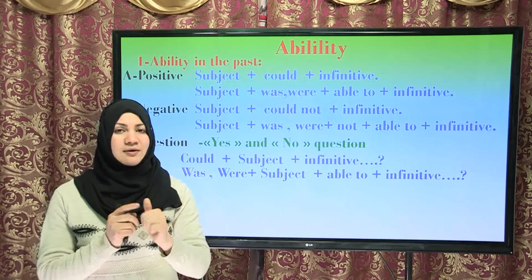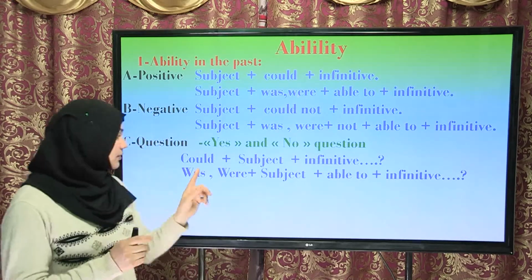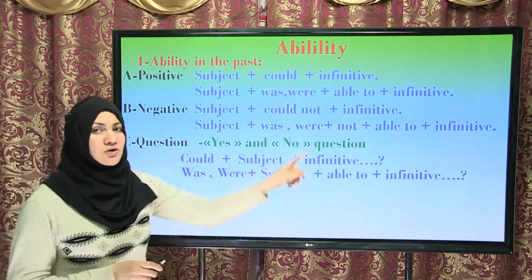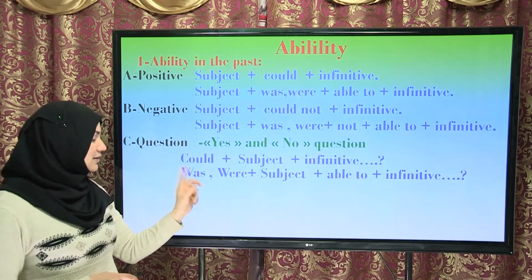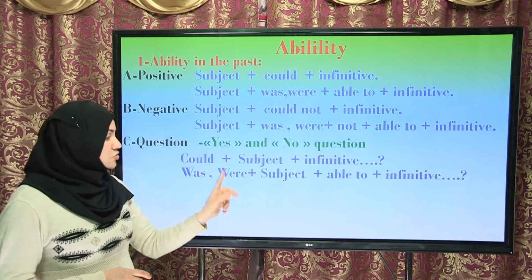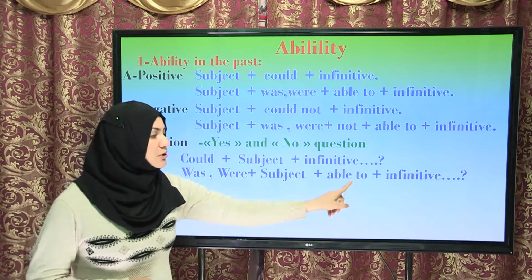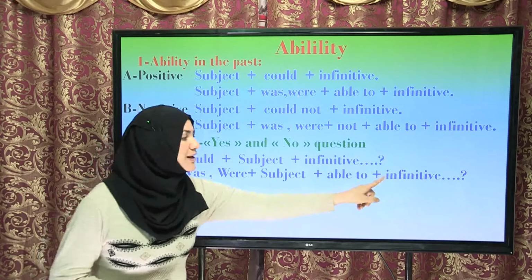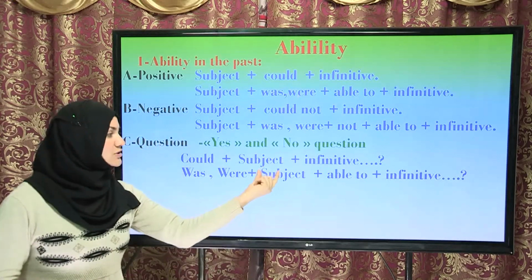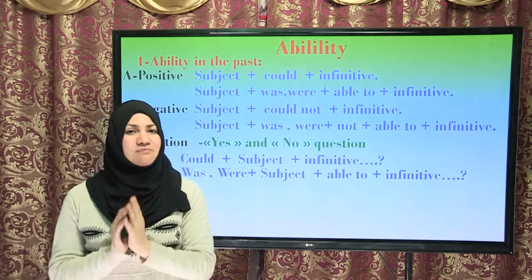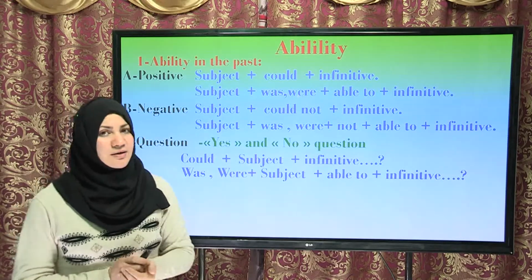Were: you were, we were, they were. In yes and no question, we always start with was or were plus subject plus able to plus infinitive. Of course, both sentences have the same meaning, expressing ability in the past.